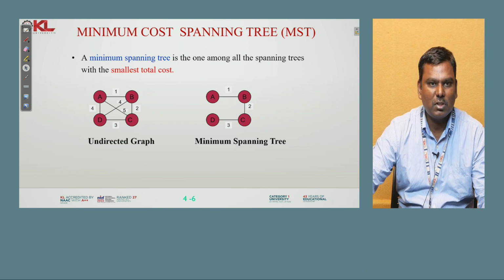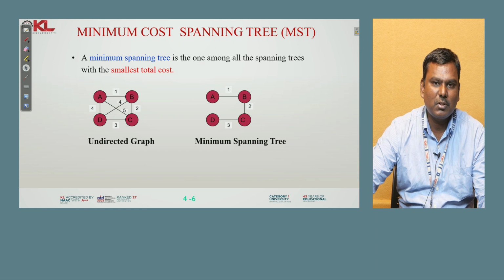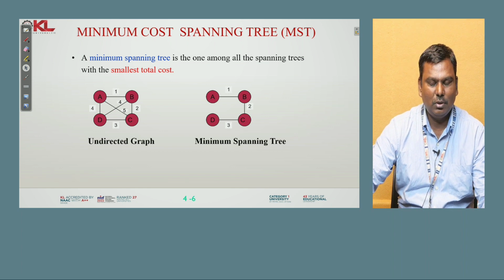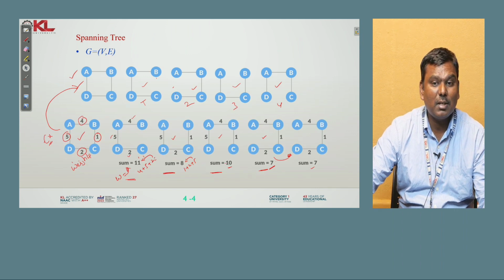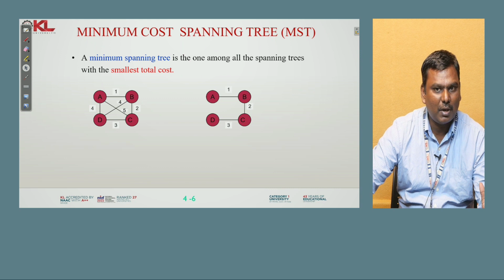A minimum cost spanning tree is the one among all spanning trees with the smallest total cost. Among the many total values, we find the smallest value.